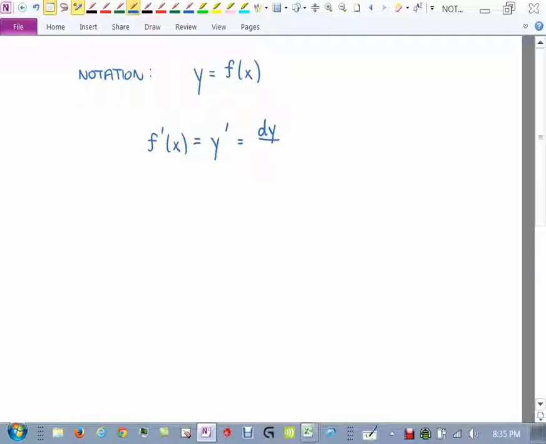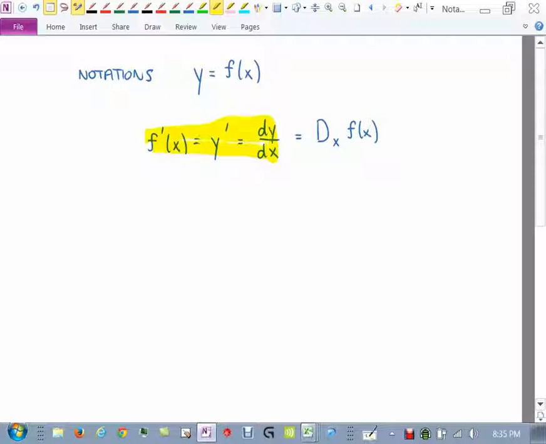And there's other notations that come later as you take more calculus. There's this one here, which means the derivative with respect to x, meaning x is our variable, of the function f of x. So those are just different notations that we should be aware of. The ones that we'll be using most of the time in this class are those three right there.